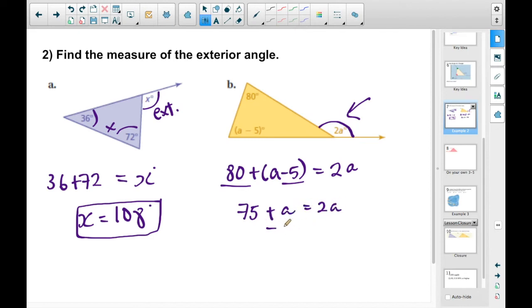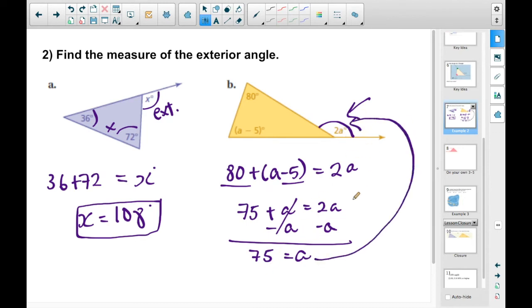Move over the a so that I can make it a single a. That cancels out, and 75 is equal to a. But we were asked to find the exterior angle, so I'm going to plug it back into this expression. So we have 2 times 75, which is equal to 150 degrees. So the exterior angle is 150 degrees.